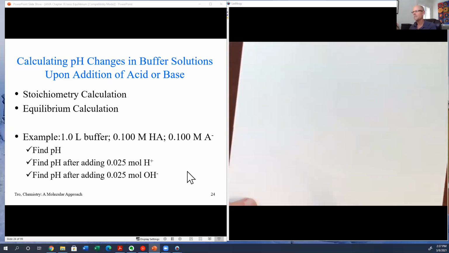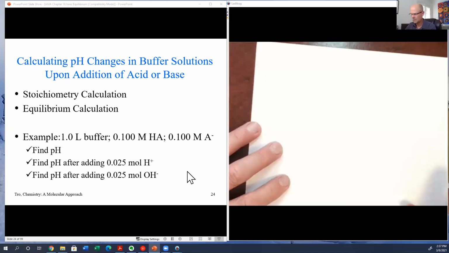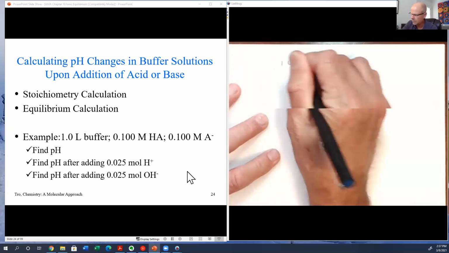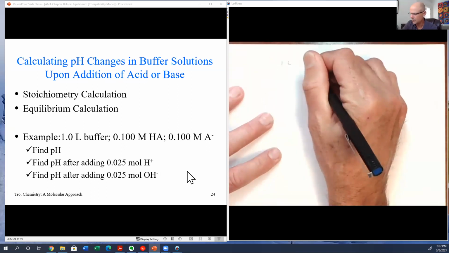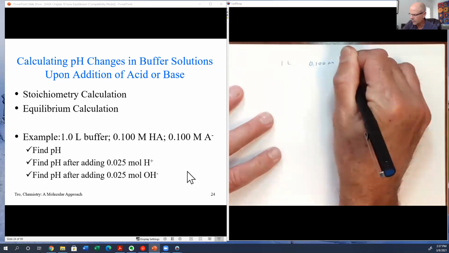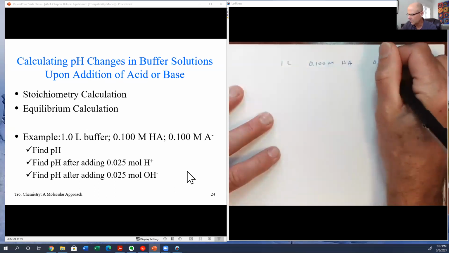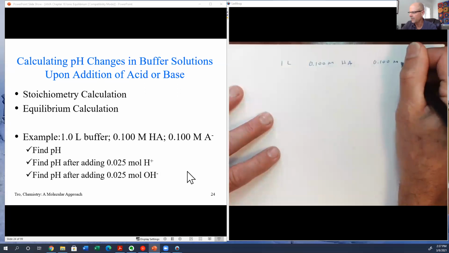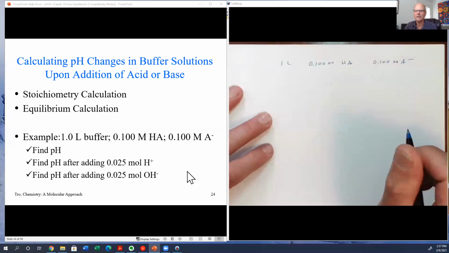So here's what we want to do. Let's suppose we have 1 liter of a buffer that is 0.100 molar in the generic acid HA and 0.100 molar in the generic conjugate base A minus.